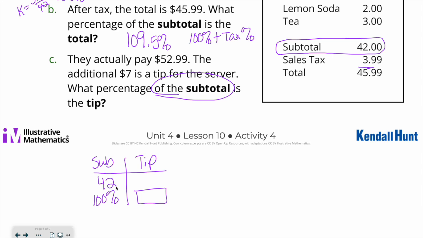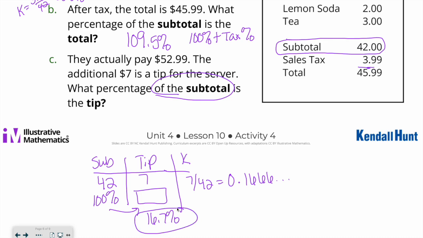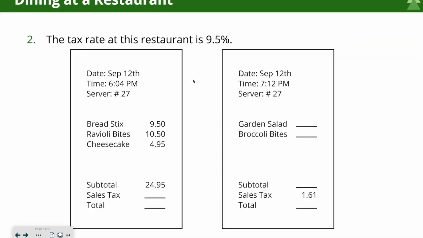Subtotal dollars is still 42. Tip is 7. Constant of proportionality is 7 divided by 42, which gives us 0.16666 repeating. And if we multiply that by 100, we end up with 16.7% for the tip.